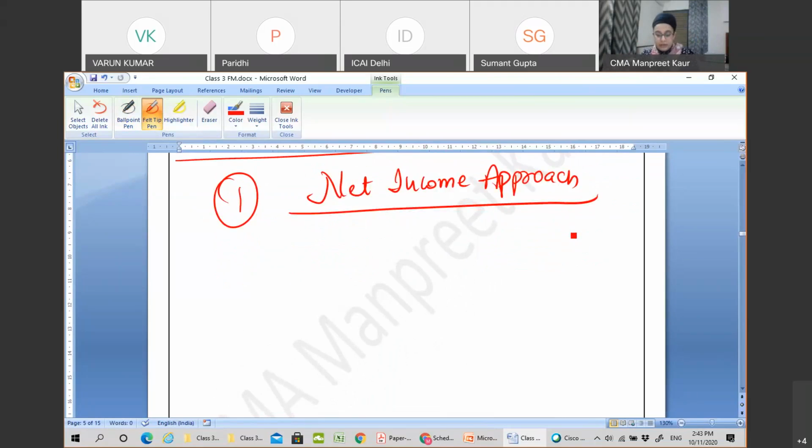Any doubt till features, determinants, we can say in assumptions or in basic definitions? Then we will start with the last topic of capital structure, important topic, that is the capital structure theories.